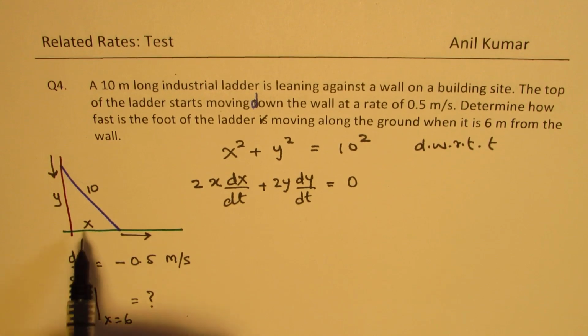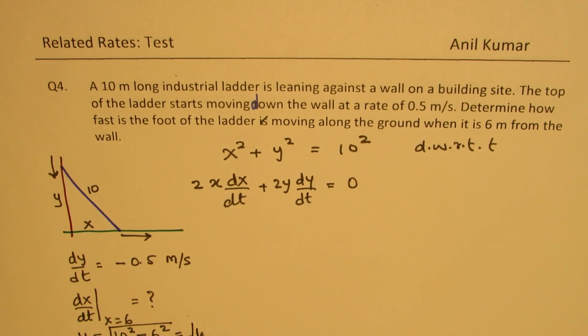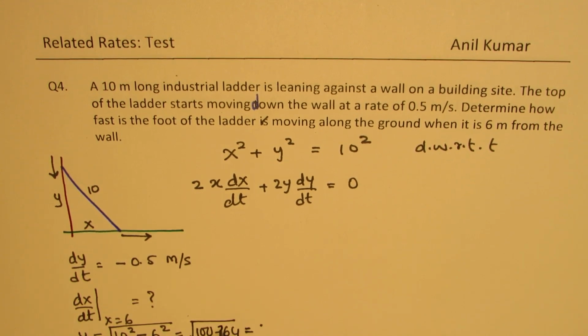Now, when x is 6, what is y? We should also figure this out. When x is 6, y is equal to the square root of 10 squared minus 6 squared. So that gives you the square root of 100 minus 36, since 6 squared is 36.